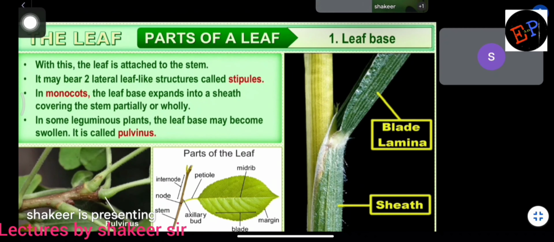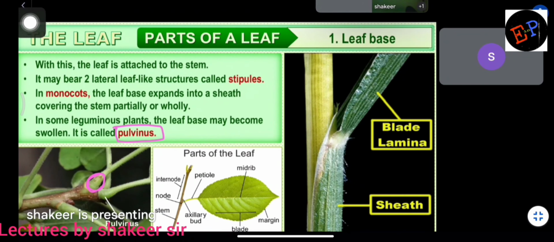So in monocotyledonous plants, this was the base of the leaf, and this leaf base was covering the stem. But in some leguminous plants, the base becomes swollen, its size increases, and that type of leaf base is called a pulvinus.